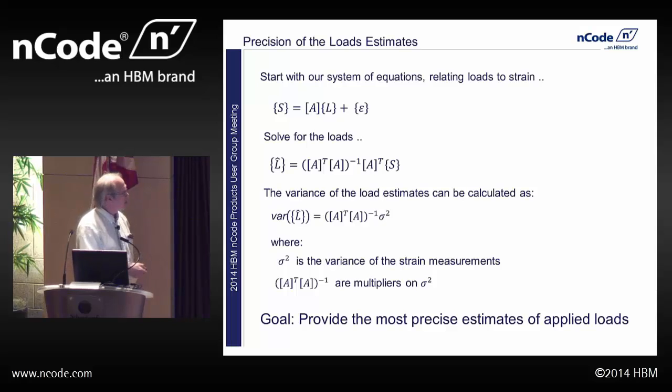I kind of waved my hands when I said that we had these equations that relate loads to strains. There was a parameter I had ignored on the previous slide: every time I have a strain gauge measurement, there's some error with that measurement. The gauge has a certain sensitivity below which it can't measure the strains.